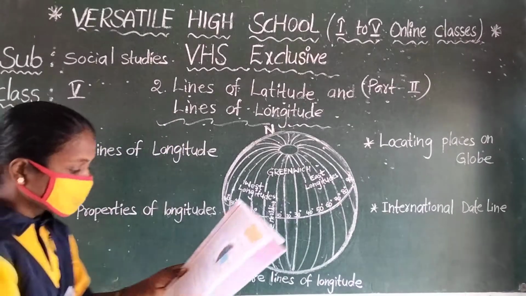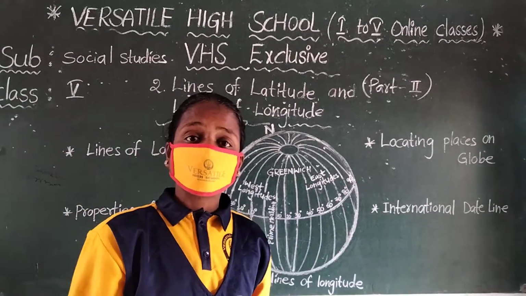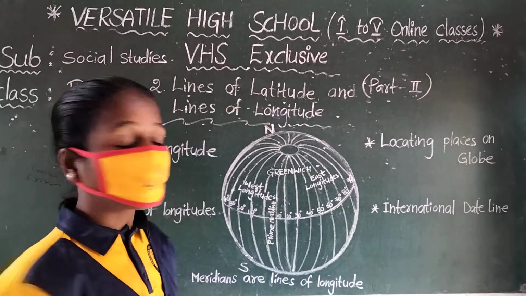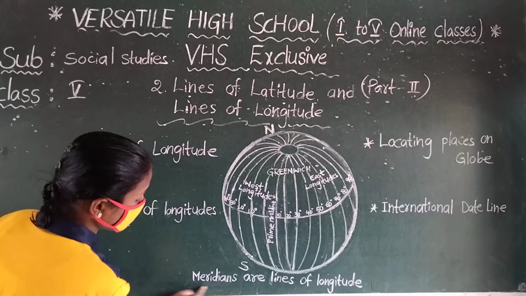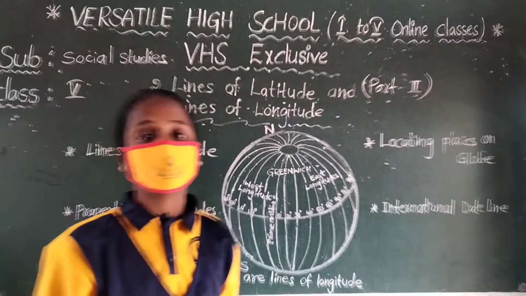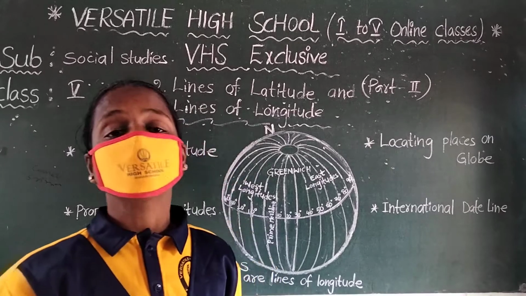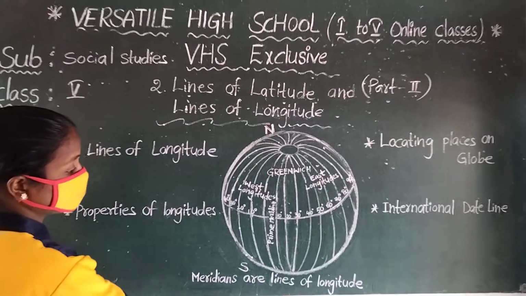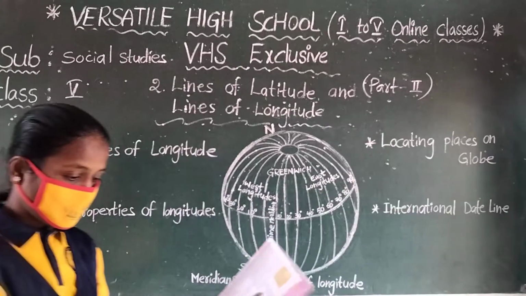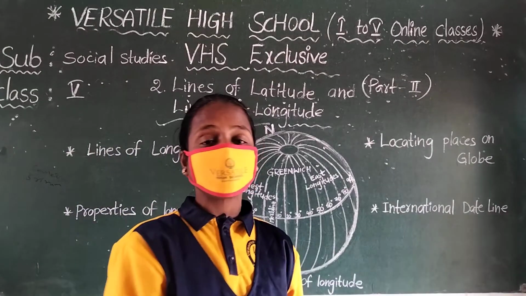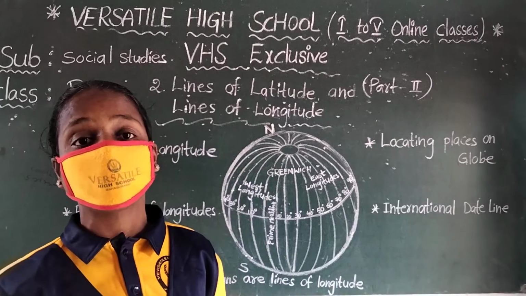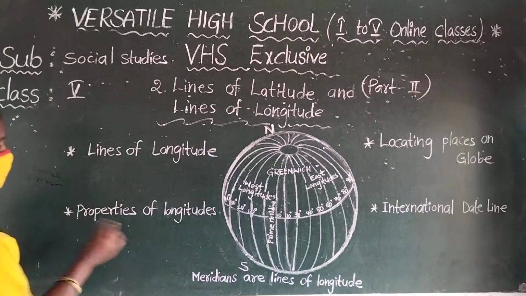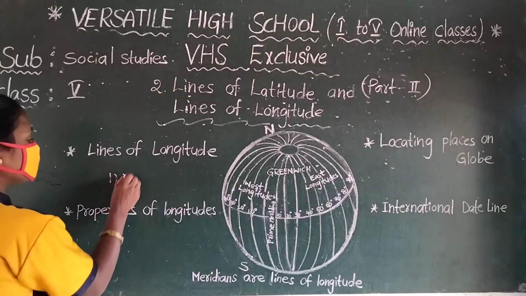You know the other name of lines of longitude? Another name is meridians. The word meridian means midday.